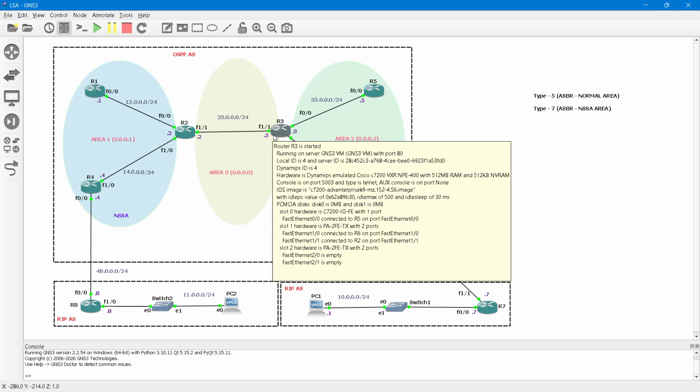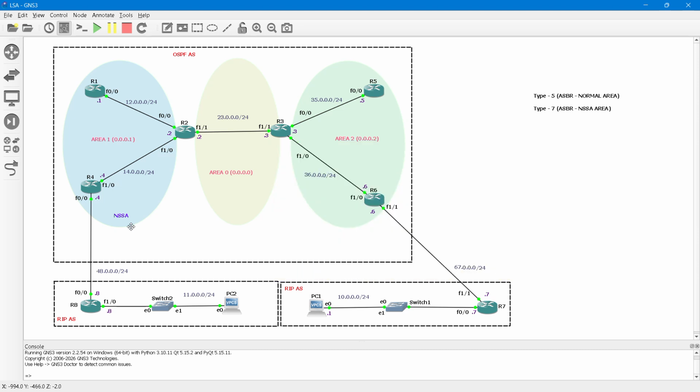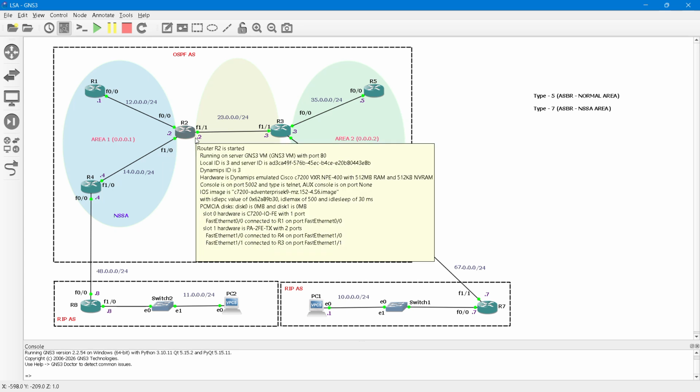But the catch here is that it will share the information of type 7 LSA by converting it to type 5. Let me repeat. After receiving type 7 LSA from R4, R2 will send it further to its corresponding routers by changing it from type 7 to type 5, right?